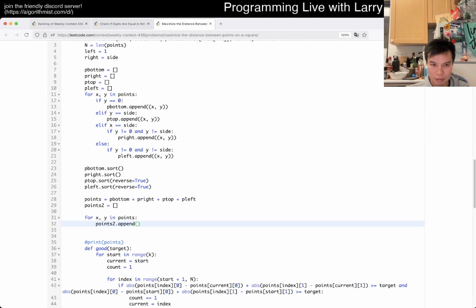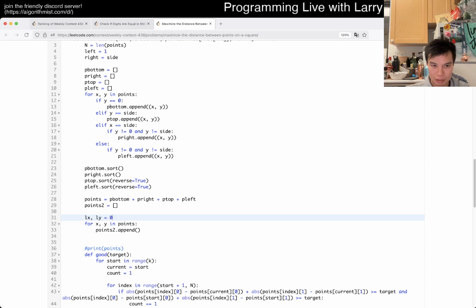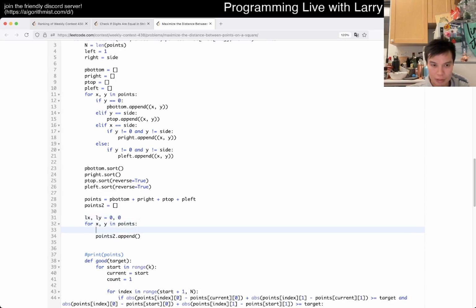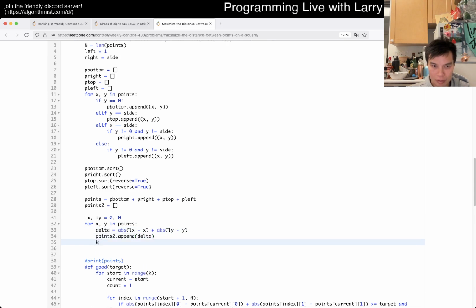Okay, so here we want to convert it into the last point. Okay, last x, last y is equal to 0, 0, say. The distance, right? So absolute plus, okay, right.